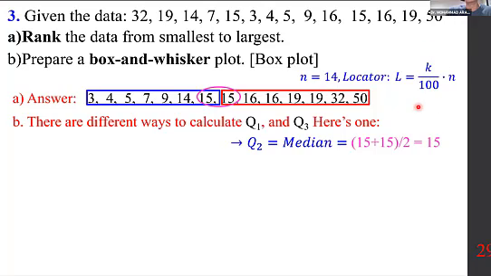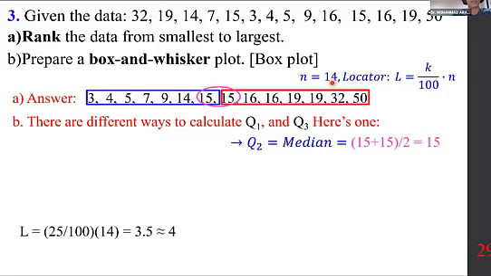That's what this formula says. So you don't want to be confused by the formula. Basically count, that's N, and for Q1, multiply this by 0.25 or 25%.